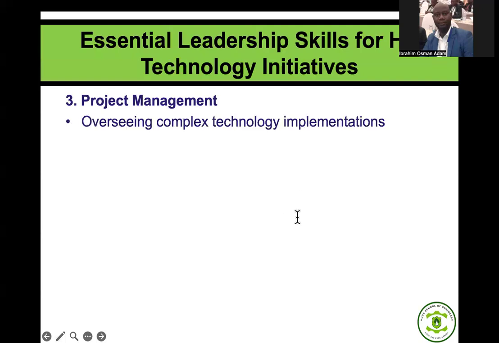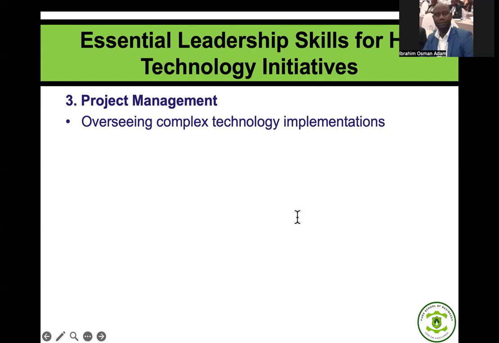Now, if we are introducing an HR technology as a leader, we have to understand that HR technology projects are fundamentally different from other HR initiatives. So maybe when I say other HR initiatives, if people are just going on training as an HR initiative, or manually you are going to recruit people, you are going to advertise, people will apply using paper application forms, you sort it, you call them for interview face to face.